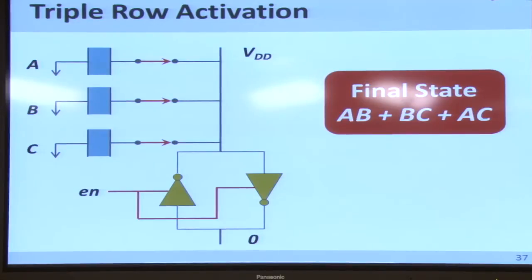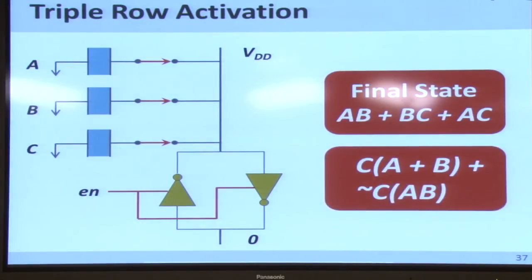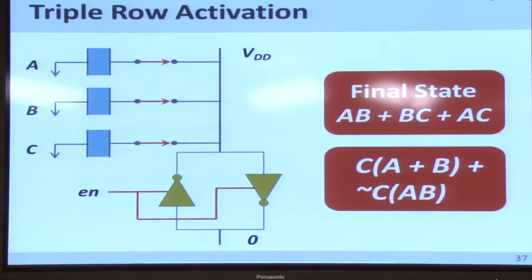Interestingly, we can rewrite this expression as C times (A plus B) plus not C times AB. What does this mean? Depending on what value you set to C, you can control the final state.